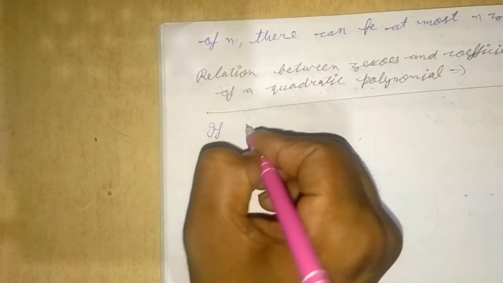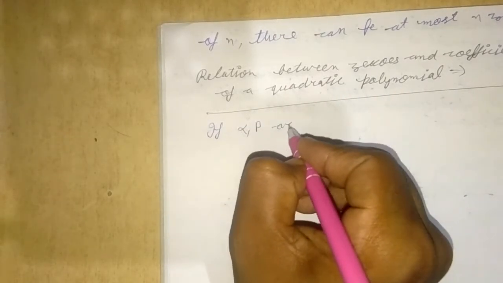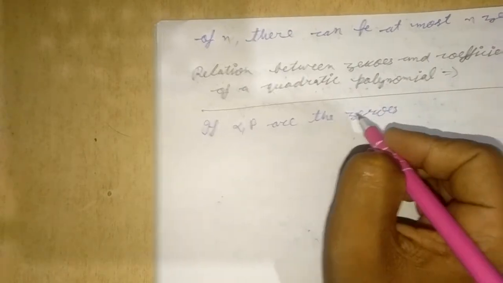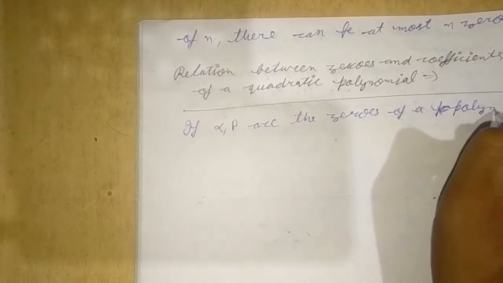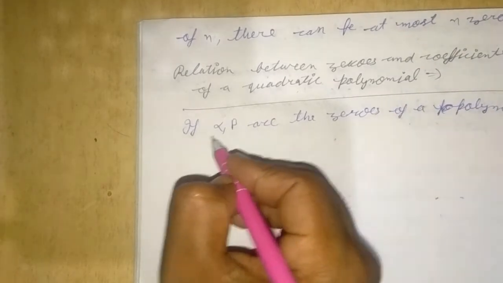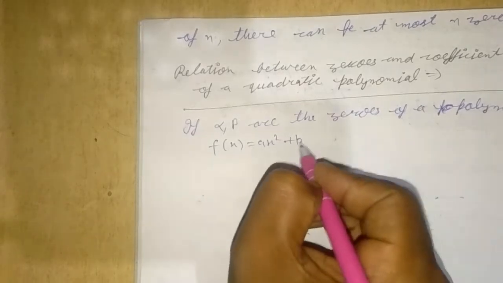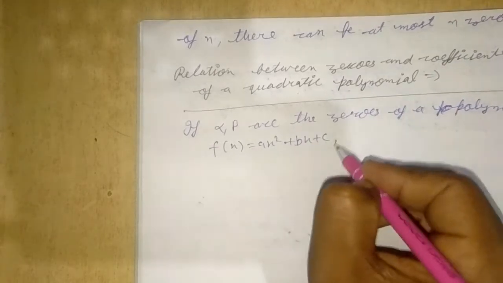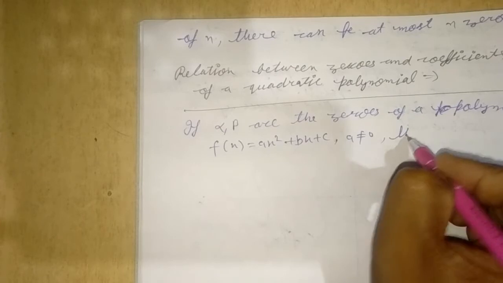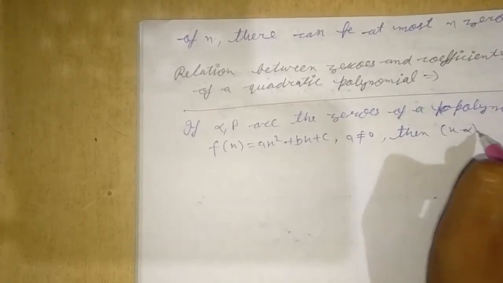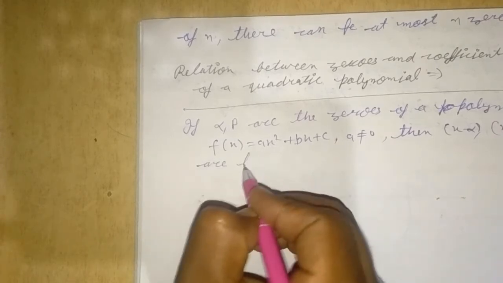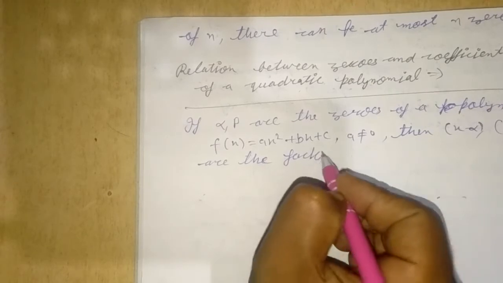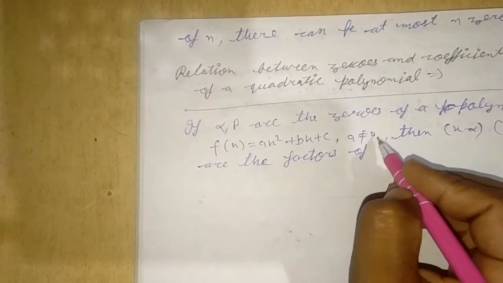Okay, so we write, if alpha and beta are the zeros of a polynomial f(x) equal to ax square plus bx plus c, so it is a quadratic polynomial where a does not equal 0, then x minus alpha and x minus beta are the factors of f(x).